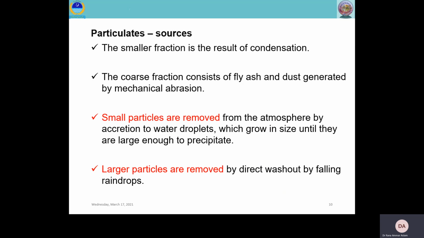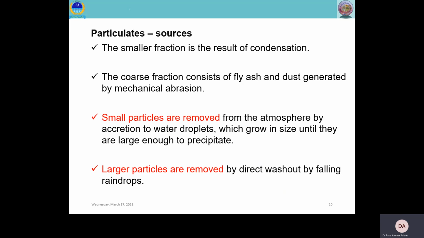If we see the mechanism by which the particulate matter is removed from the atmosphere, we can categorize it into two: small particles and large particles. The small particles are removed from the atmosphere by accretion to water droplets.